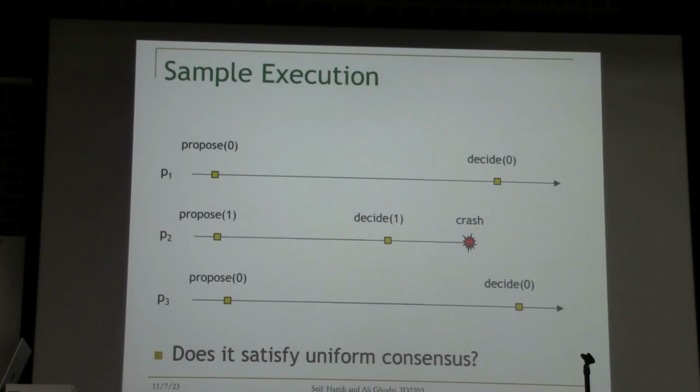Now I want more. I want an explanation. Why not? Because P2 decides differently than the others. Right. P2 decides and then crashes. But it decides. Even though it's not a correct node, it has decided. And in the uniform version, we also care about the failed nodes. So P2 is a failed node, but in the uniform algorithm, we care about failed nodes. So this is not satisfying uniform consensus. It is satisfying regular consensus.